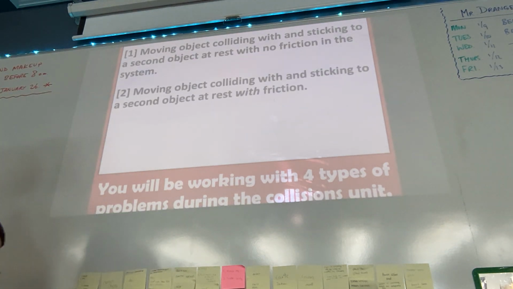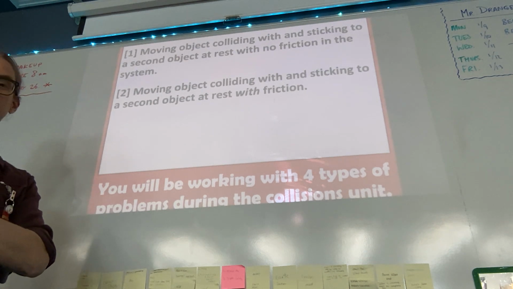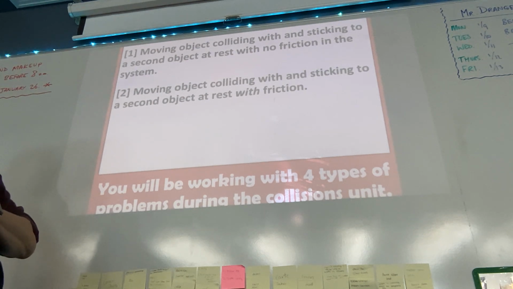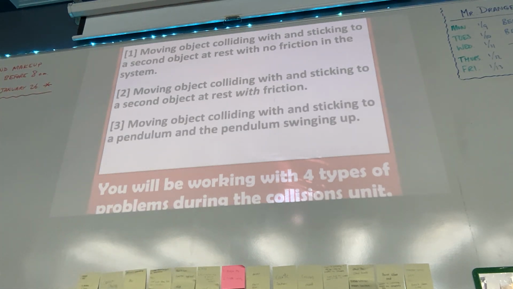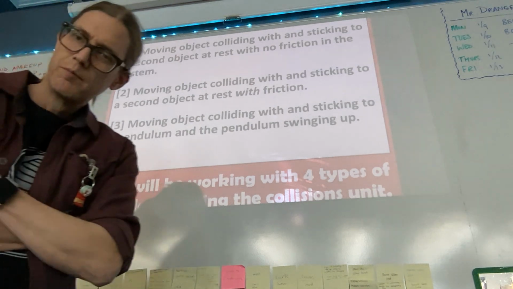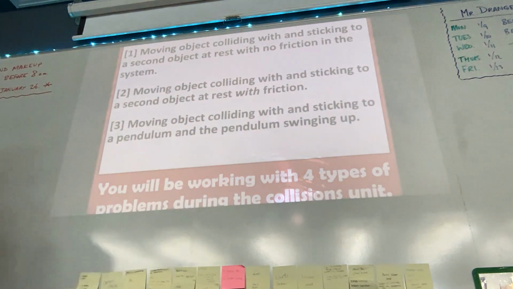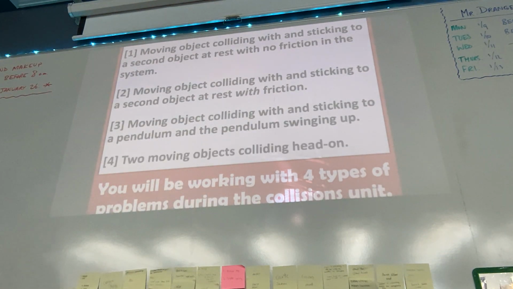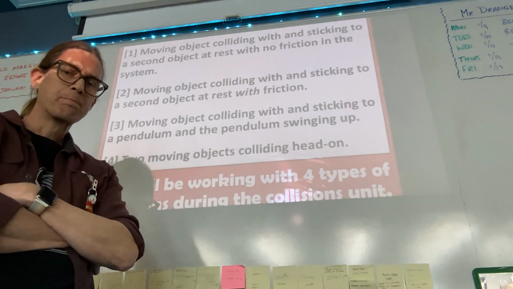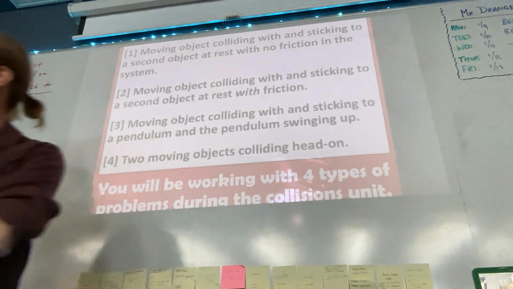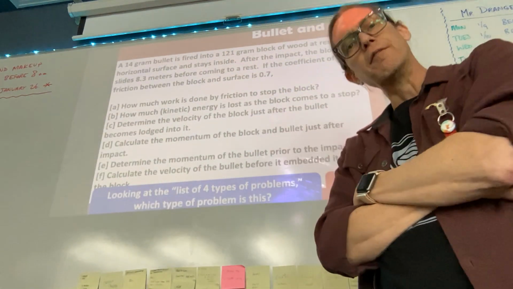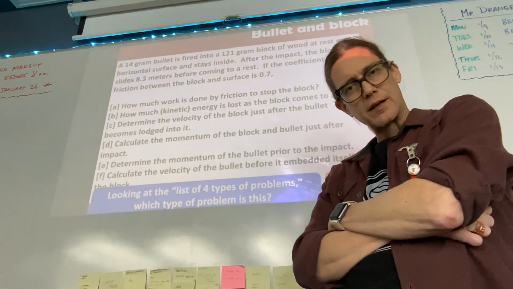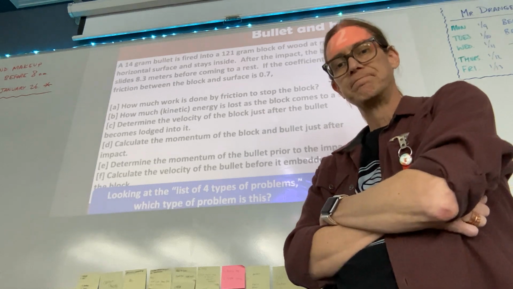Would it be a moving object colliding with an object, sticking into it and sliding across a surface with friction? Is it a pendulum? Please say no. Two objects colliding head-on? I don't think so. Yeah, it's the second one on the list, where we have an object run into a stationary object and they slide with friction.